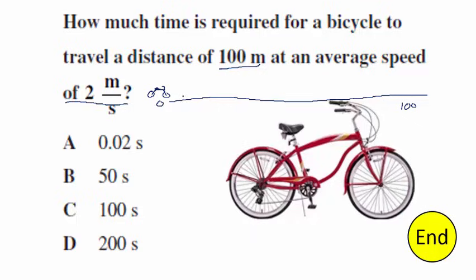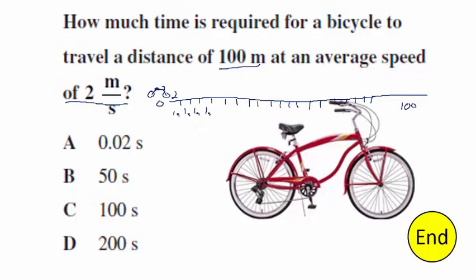Well, here's the trick. My speed's 2 meters per second. So every second I'm traveling 2 meters. 2 meters, 2 meters, 2 meters, 2 meters. This is taking me 1 second, 1 second, 1 second, 1 second. And it's going to take me several seconds to get to my 100-meter mark.